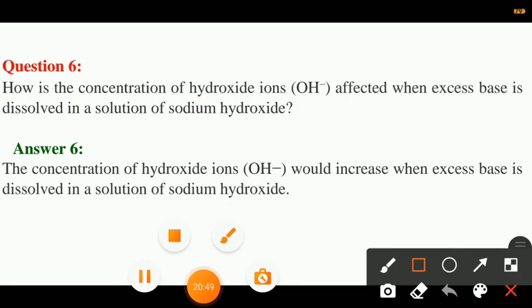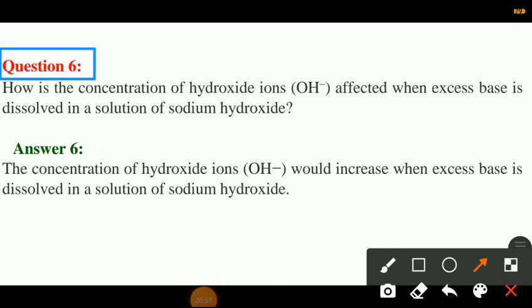Question number 6 on page number 25 is, how is the concentration of hydroxide ions OH negative affected when excess base is dissolved in a solution of sodium hydroxide? Here already the base is there which contains hydroxide ion, and we are dissolving the base into the sodium hydroxide solution.